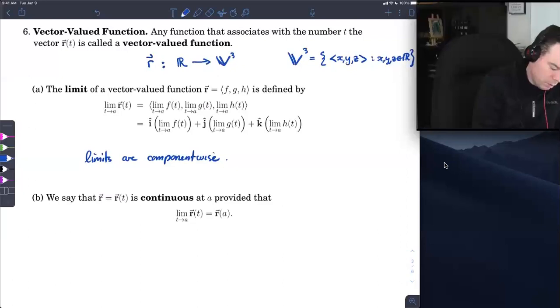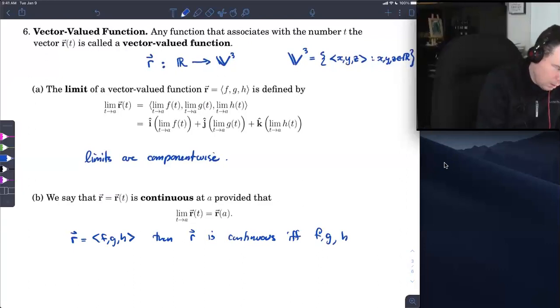So the first thing, though, that we would use a limit for is to talk about whether a curve is continuous or not. And a curve is continuous at a point a, provided that the limiting value as t goes to a of r of t is just r of a. And so since r is equal to f, g, and h, then r is continuous if and only if f, g, and h are continuous.